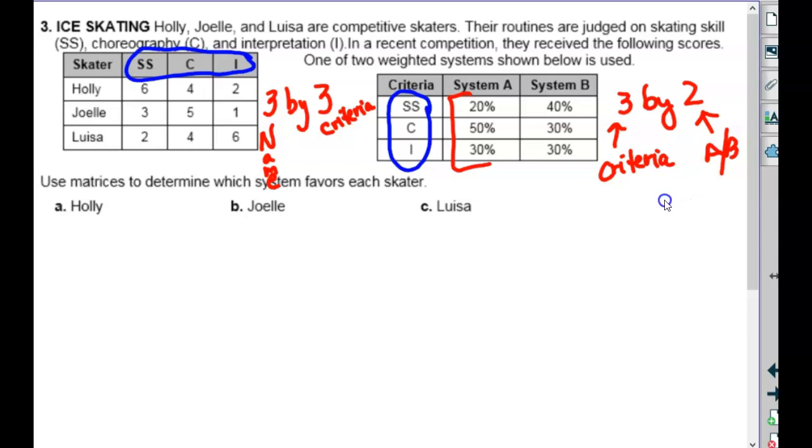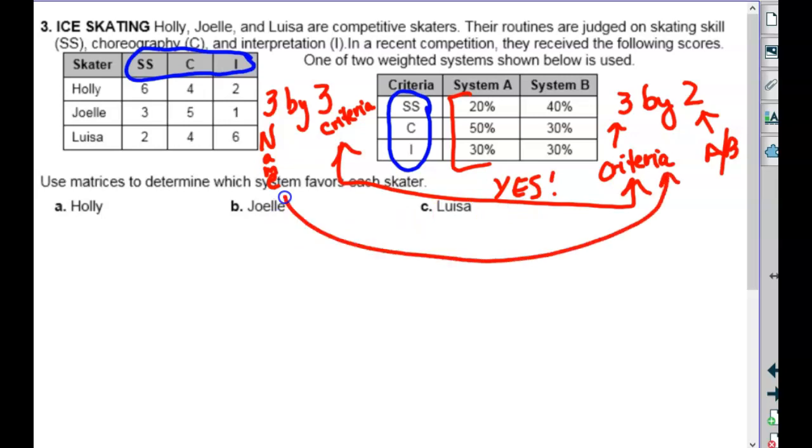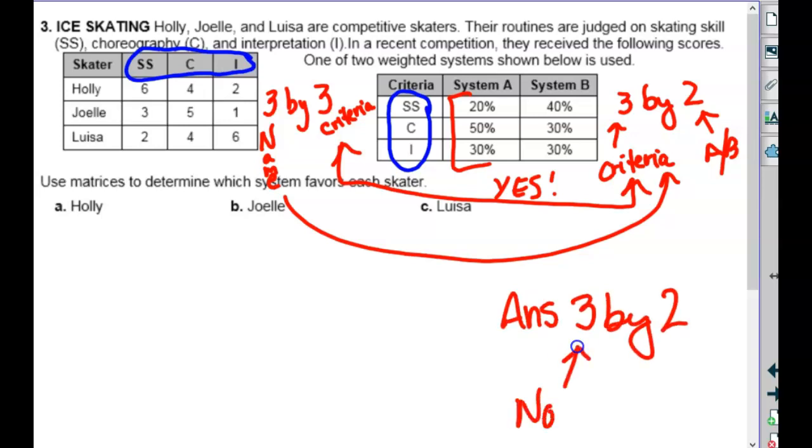Because what has to be the same to be able to multiply them? This number, right? And it needs to be representing the same thing. So this is the same. Yes, we can multiply them. Our answer will be a 3x2, where the 3 will represent their names and the 2 will represent the system A or B. Is that making sense?